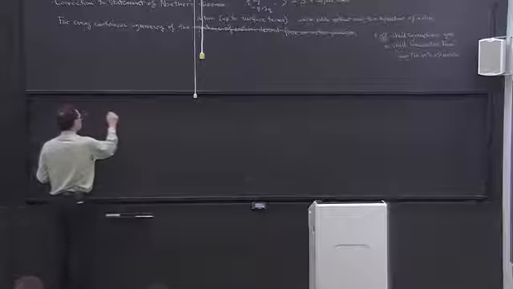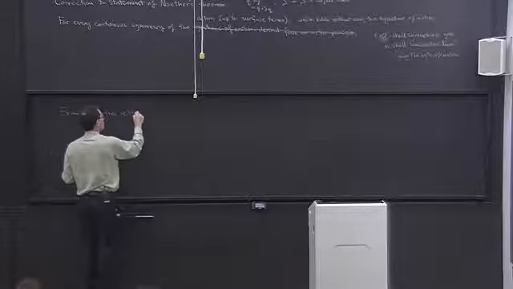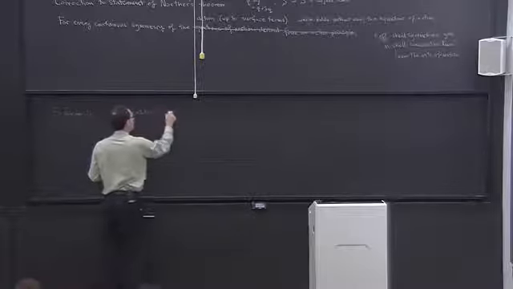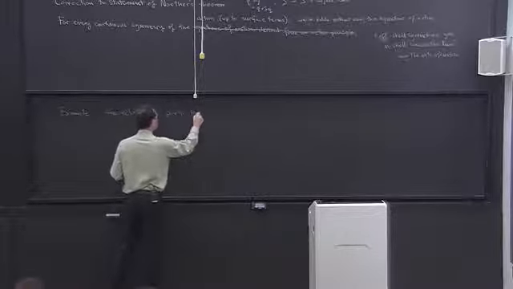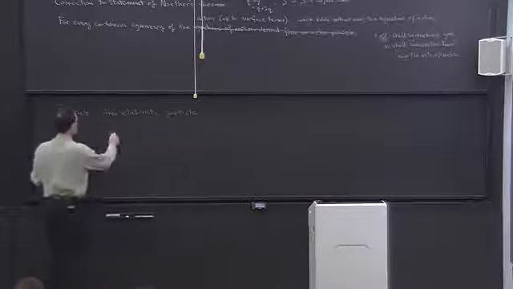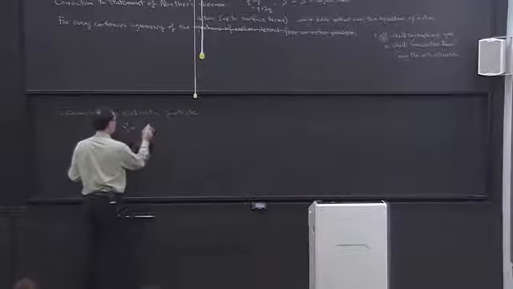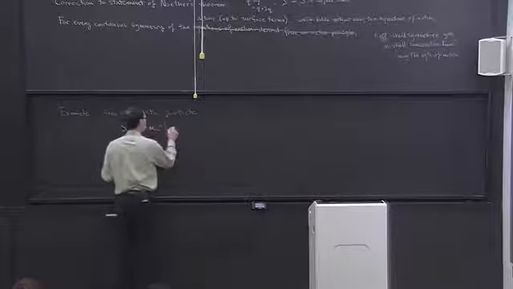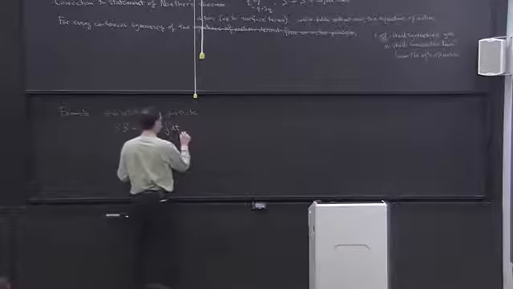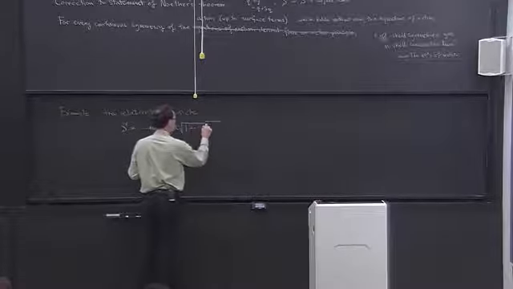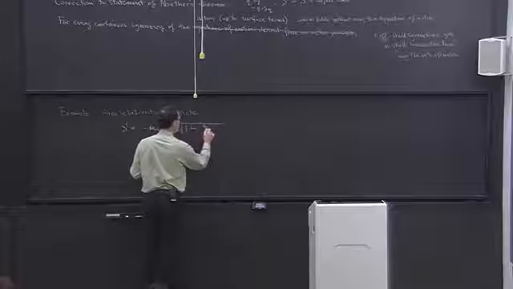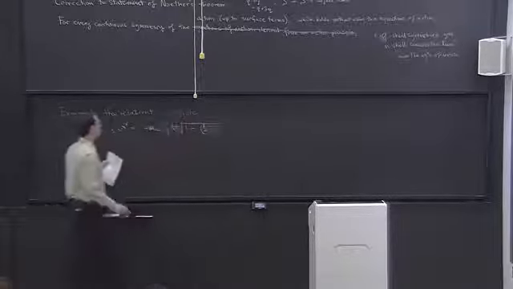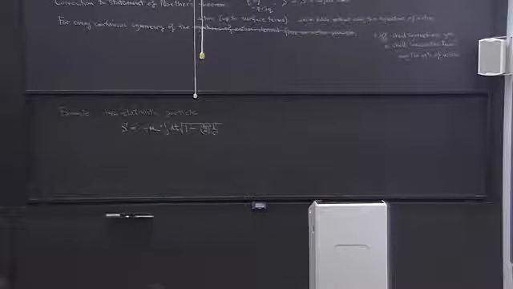So this is the free relativistic particle. The action, as we've discussed, is m_0 c^2 integral dt square root of 1 minus (dx/dt)^2 over c^2.